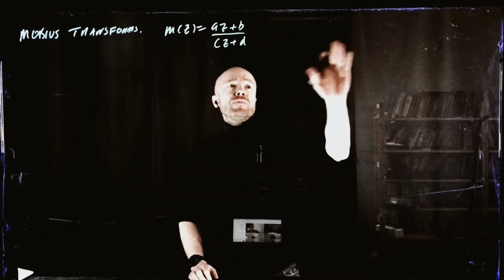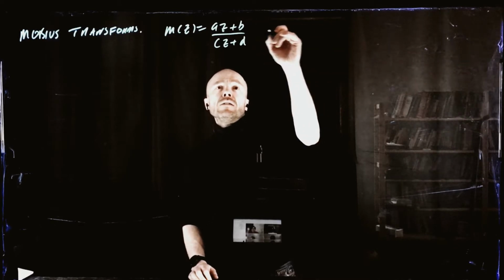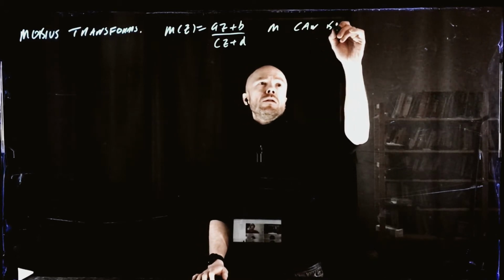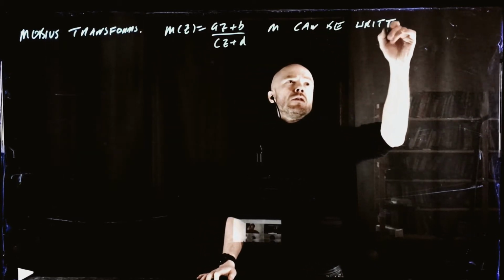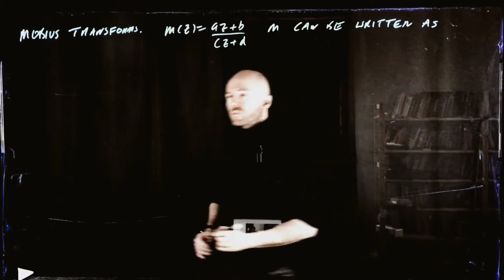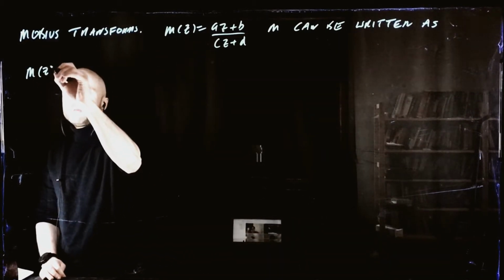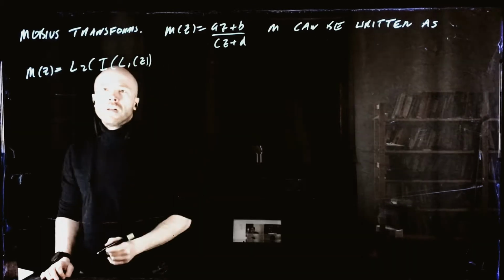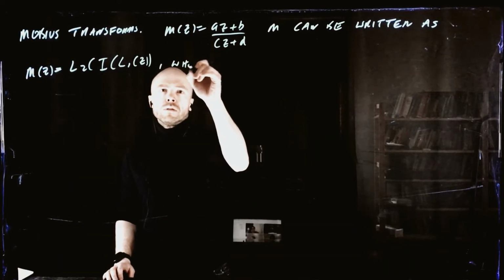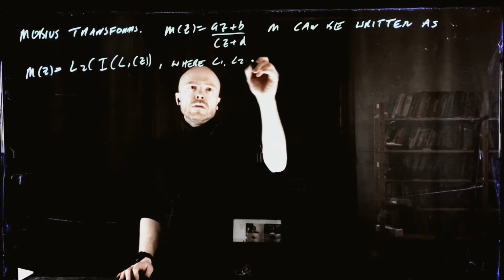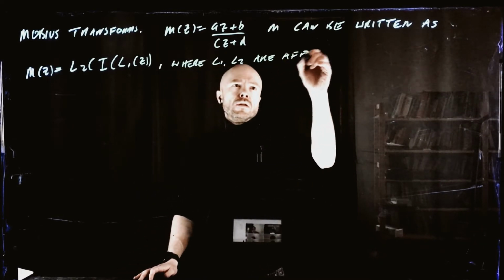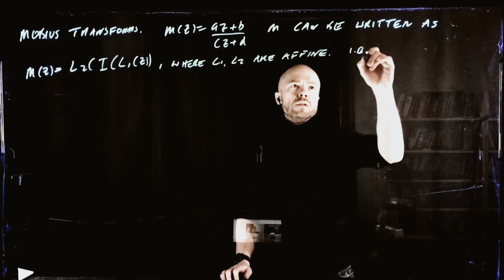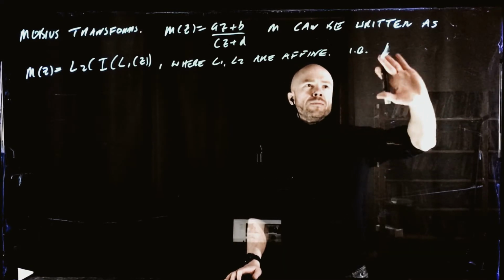Okay, and we showed that M can be written as M of Z is equal to L2 L1 of Z, where L1 and L2 are affine mappings, i.e. affine.